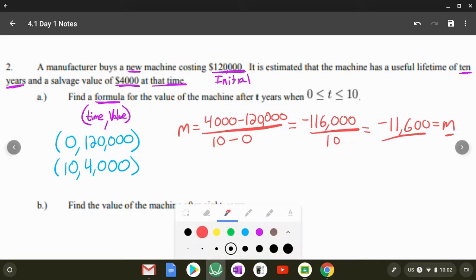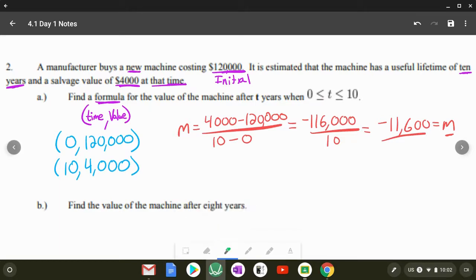Now, if we're trying to write the final formula representing the value, we'll go ahead and use v of t. You can use c of t, f of x, or f of t. We should be using t because that is our variable, but they didn't really specify the other part. So we'll use v of t. That's the value of the machine over time. We have to write this linear function. We have the slope, so we have a couple options.